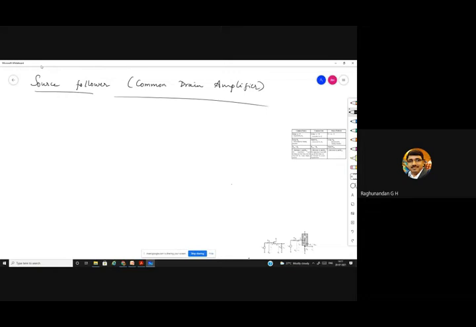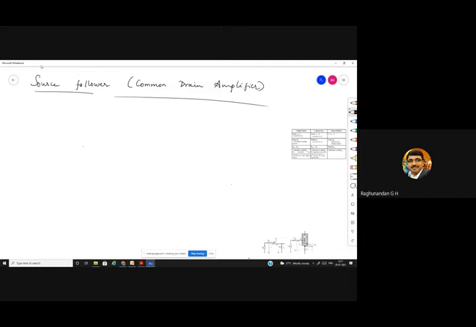The source follower is similar to the emitter follower, which is in the BJT, bipolar junction transistor. Whenever you take the output across the emitter, it is going to give unity gain.